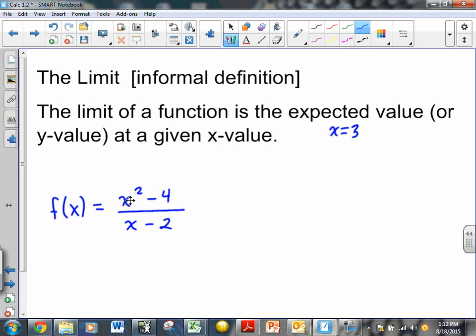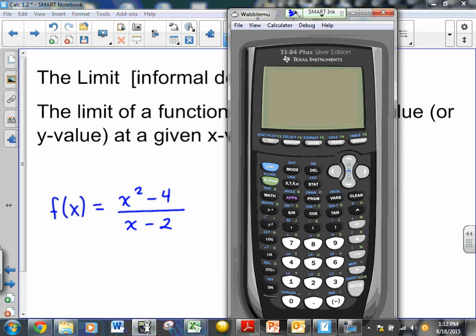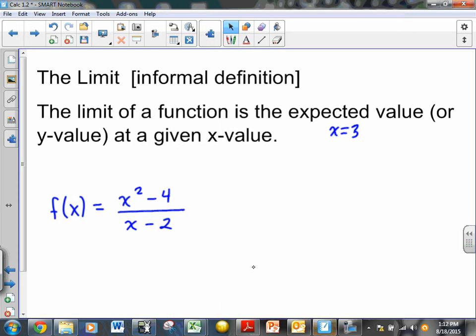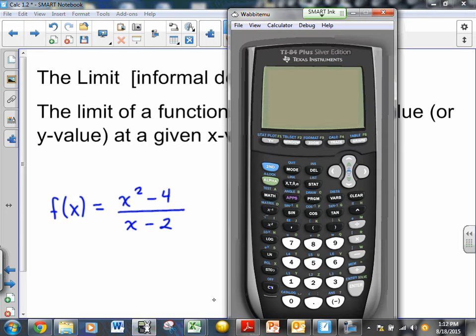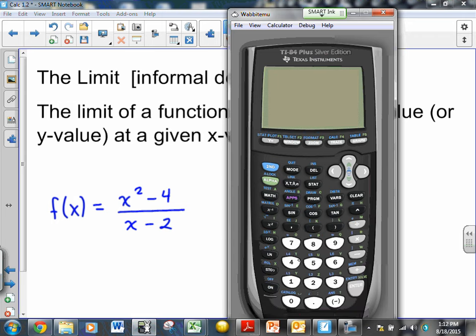Now, if you wanted to look at the graph of this, we could graph it. Let's put our calculator here. Sorry.